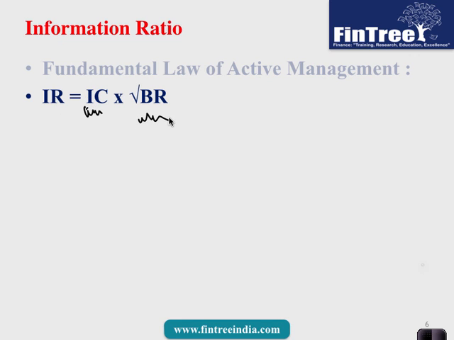It is linearly related to skill of the manager, but non-linearly related to the coverage, which means if you increase coverage, the ratio will increase by root of that value. So if you double your coverage, your information ratio will increase only by root of 2, since we have under root BR here. But if your IC quotient increases, then your information ratio will start increasing in a linear fashion.